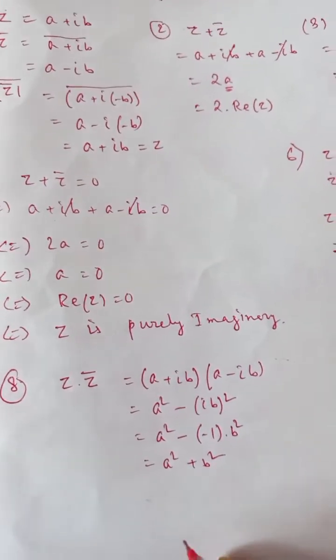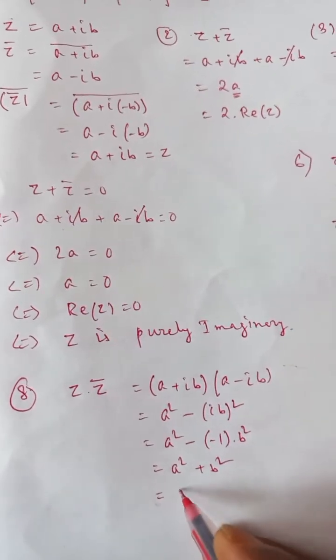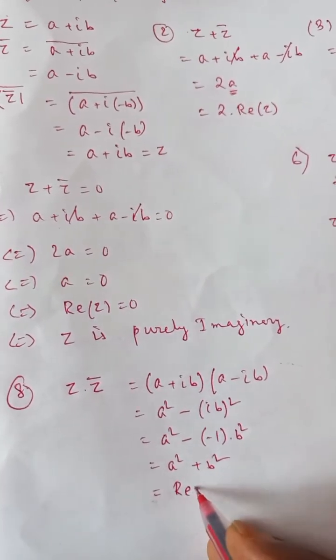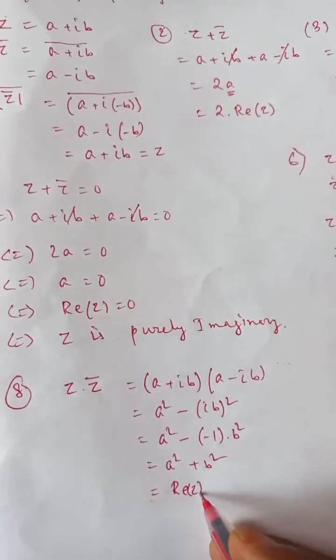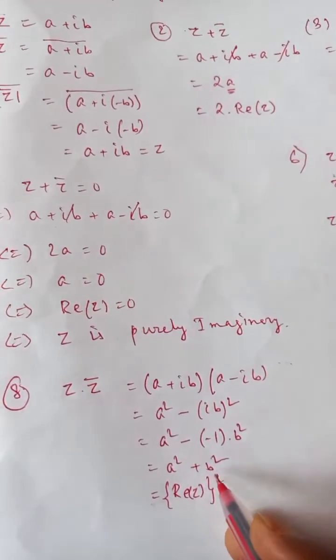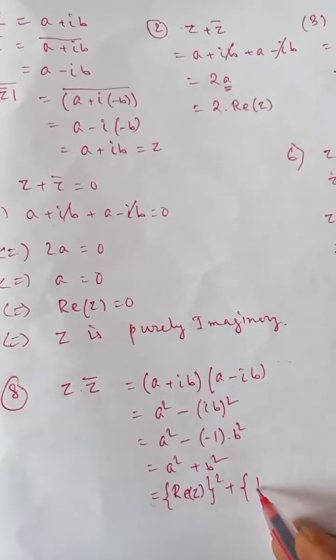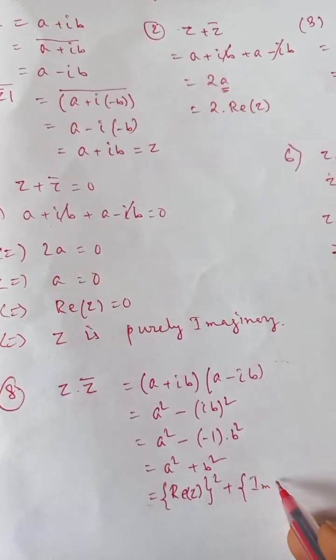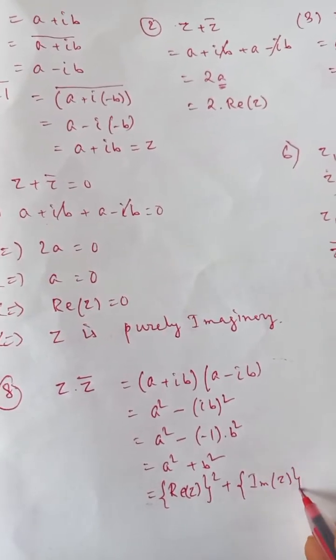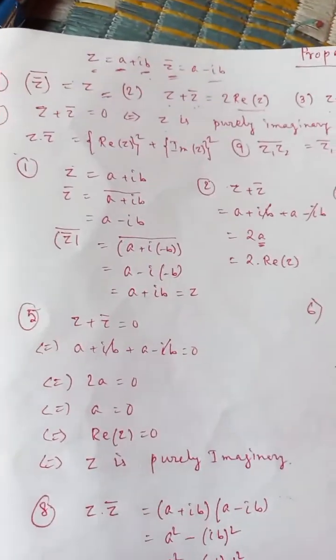So a is real of z, whole square, and b is imaginary of z, its whole square. So in this way we can prove the number 8 property.